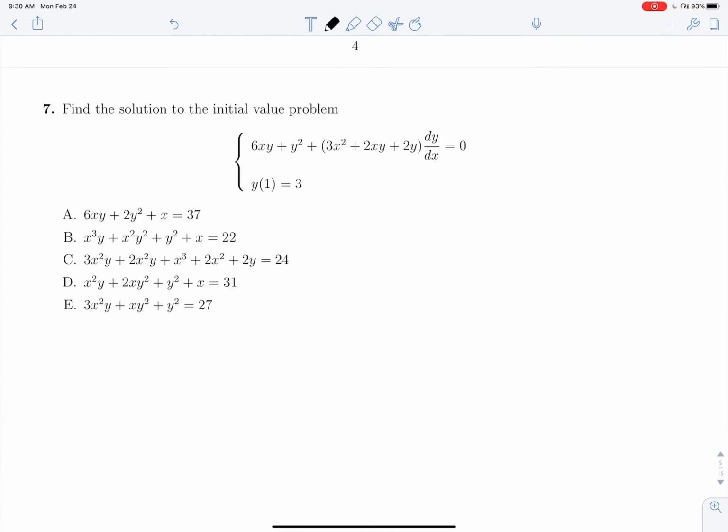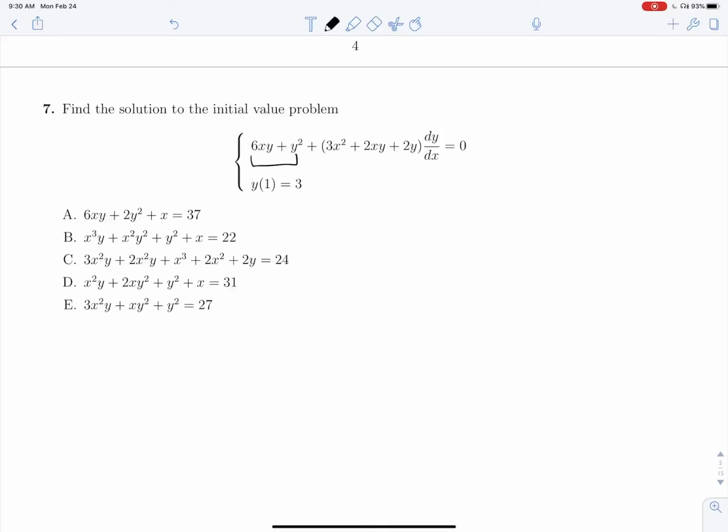Okay, 7. Big polynomial alert. Whenever we see anything this huge, and especially if we have answer choices with 1, 2, 3, 4, 5, and technically 6 polynomial terms, we should have a good idea that this is going to be an exact equation.